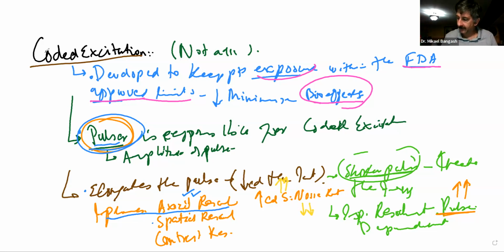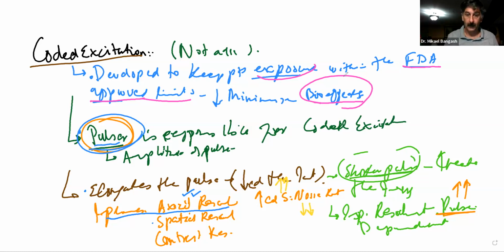So you can say, the table 15.8, mainly the main advantages of coded excitation. Mainly, it occurs in the pulsar.